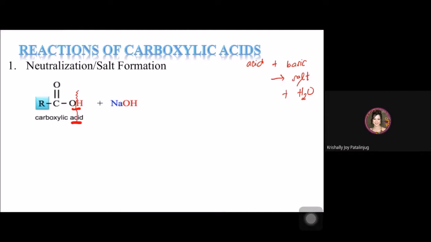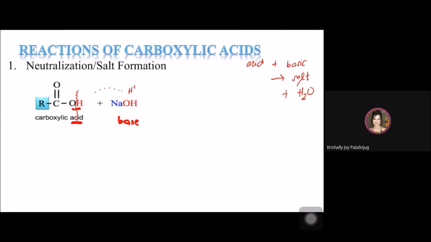Recall, when we define an acid, it has the ability to donate a proton. So in the reaction, it will donate a proton, and as a base, sodium hydroxide will accept that proton. Therefore, in other words, the base will be protonated here.